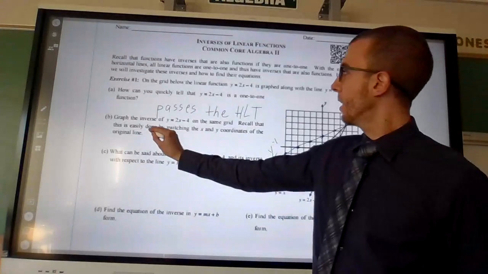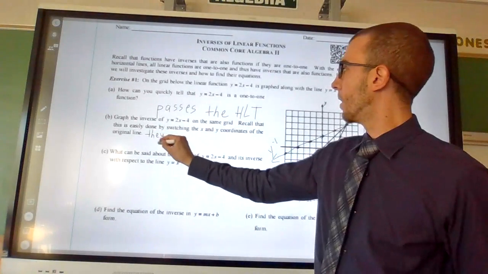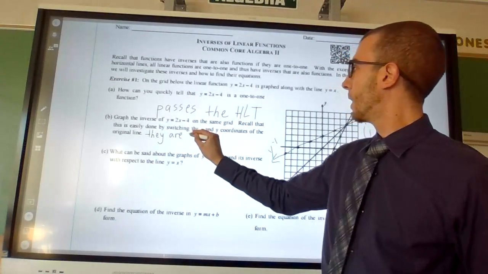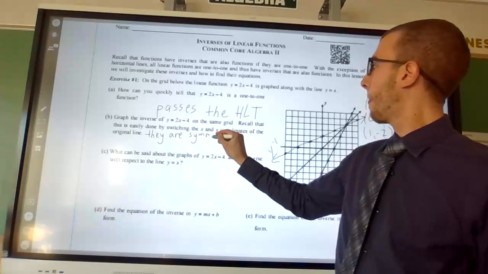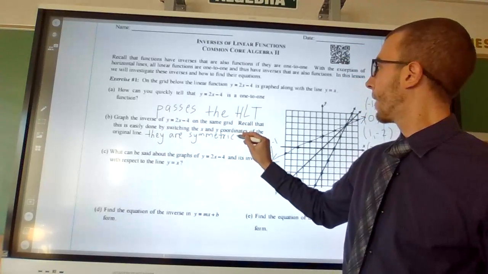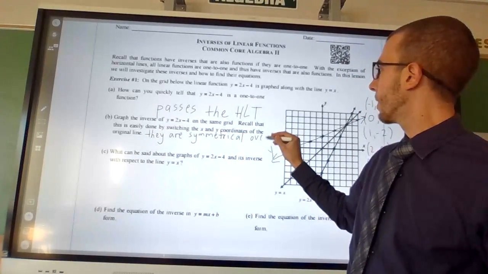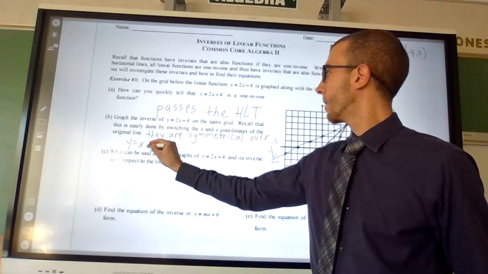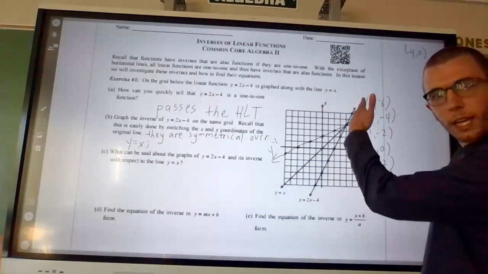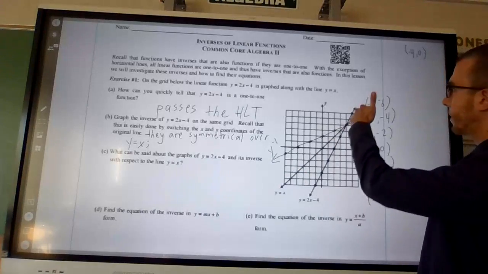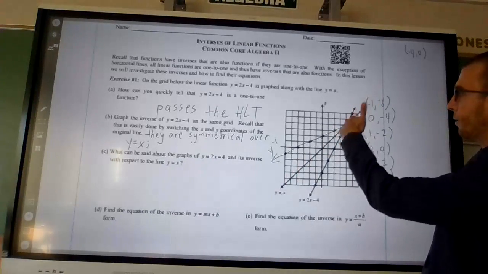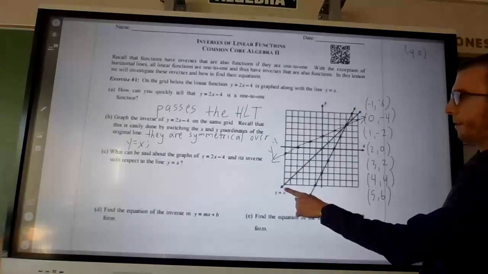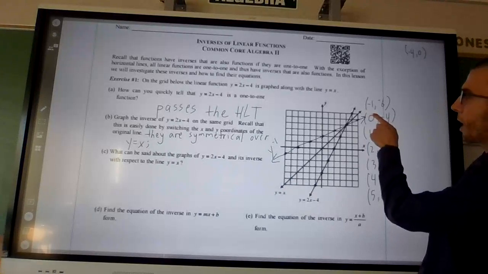So they are symmetrical over y equals x. Right, so you guys see that here, this y equals x, that diagonal line straight through the origin from the very bottom left to the very top right.